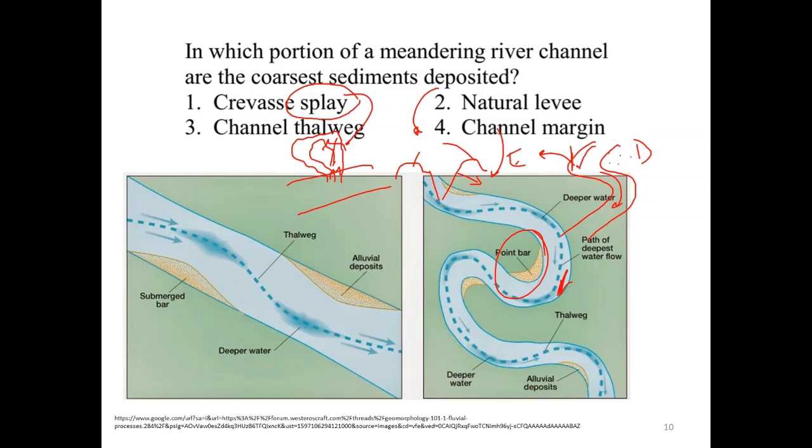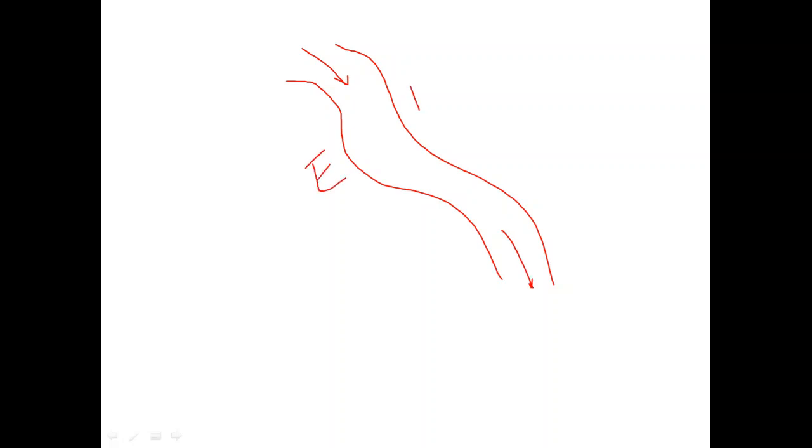So it is asking in which portion of a meandering river channel are the coarsest sediments deposited. You can understand that if this is the channel path like this, here is the erosional bank and this is the depositional bank.